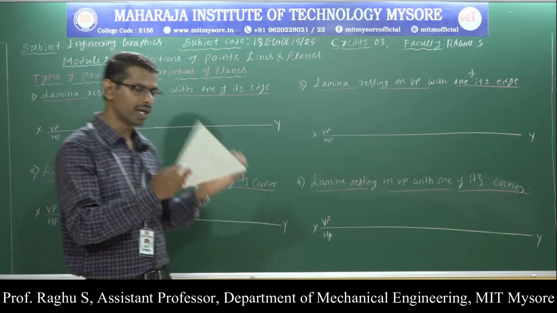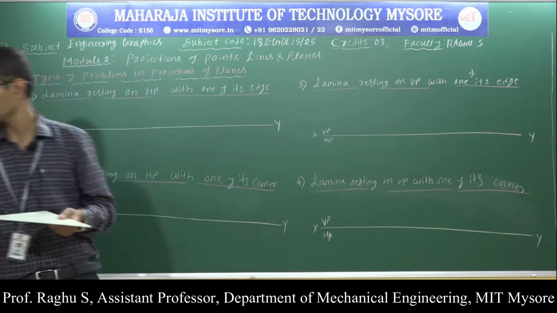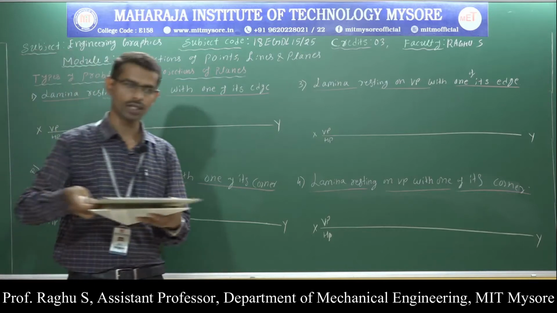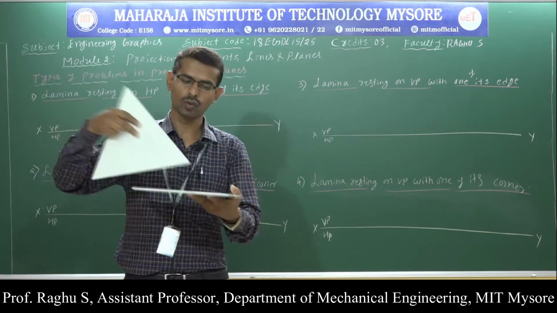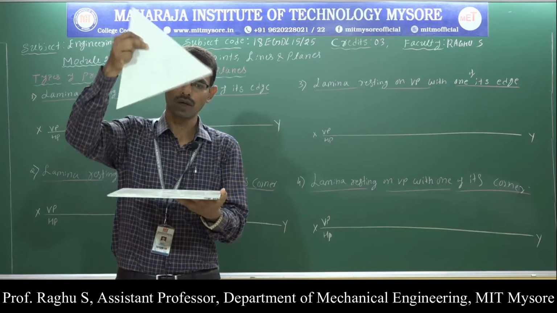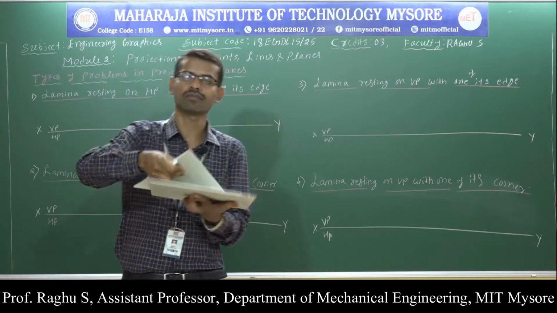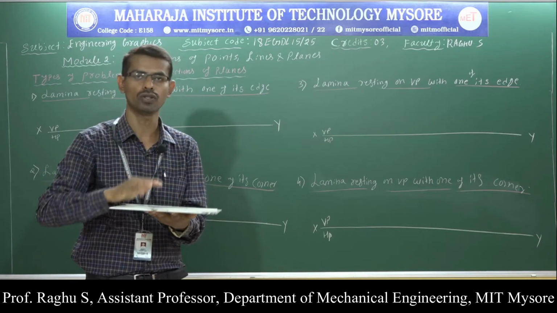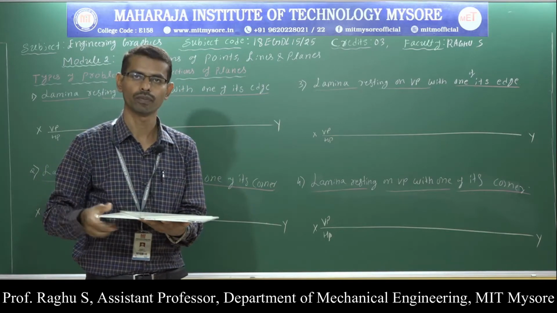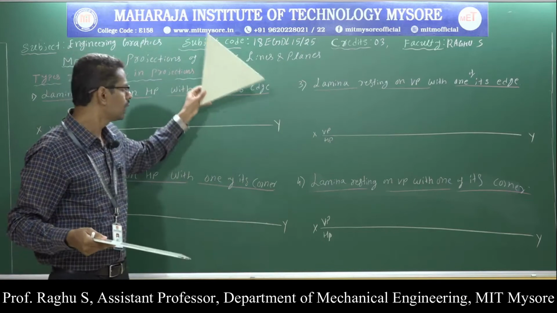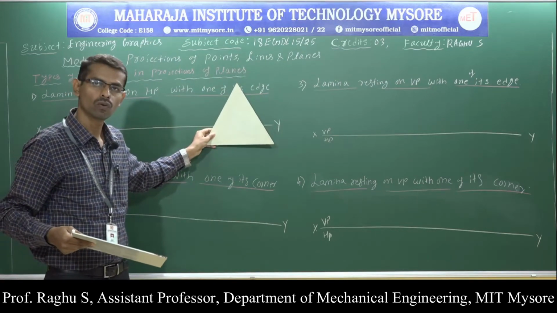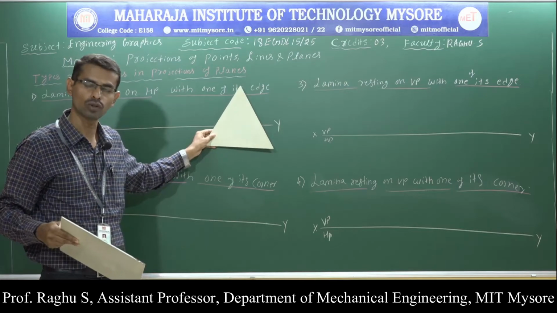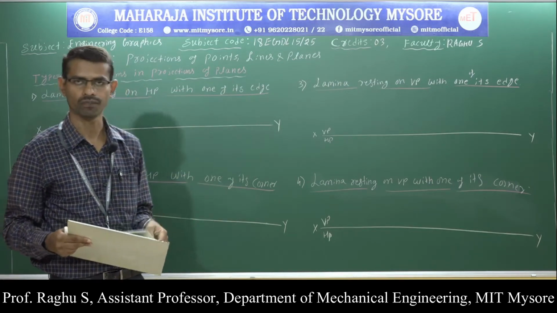Suppose the lamina is resting on the horizontal plane. Here assume that this square lamina is the horizontal plane. If the lamina is resting on HP, then start the first position with the top view. Next, if the lamina is resting on the vertical plane or VP, then start the first position with the front view.